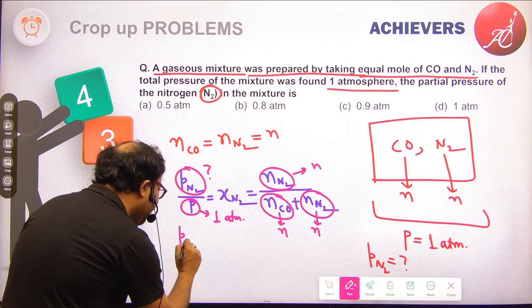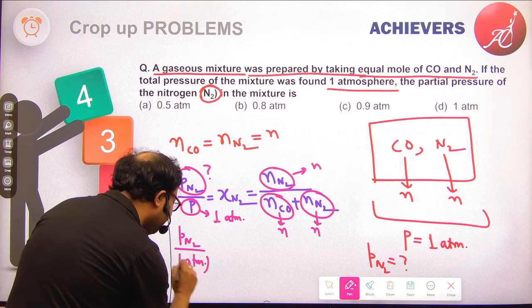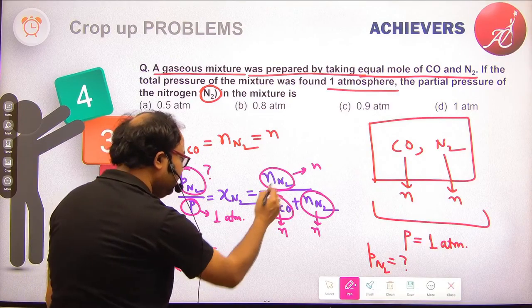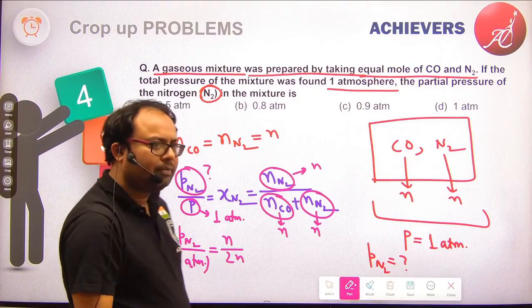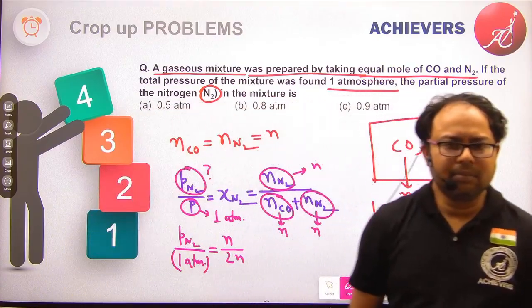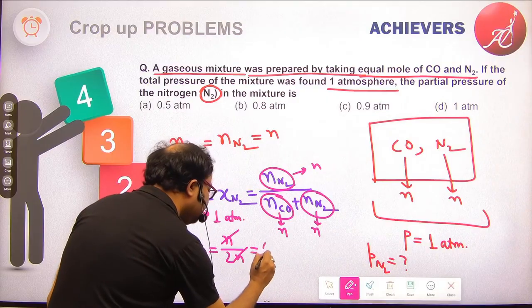So, PN2 by 1 atmosphere is equal to N by N plus N, means 2N. N will cancel out, so it becomes 0.5.